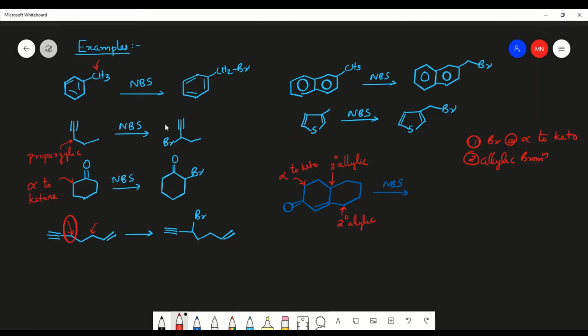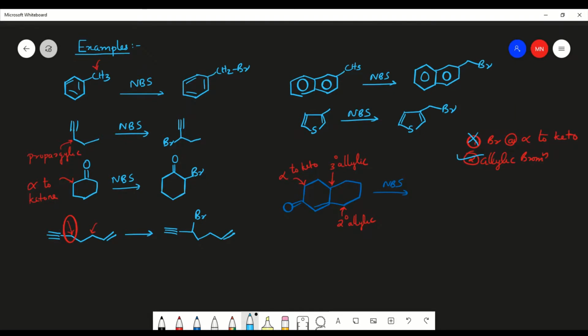So both allylic bromination as well as the alpha position of the keto group are coming into the picture, and actually there are three plausible sites for competition. So in that case, if you are having a ketone as well as an allylic position, the allylic bromination will be dominating. Okay, so this you can rule out, and allylic bromination will be happening.